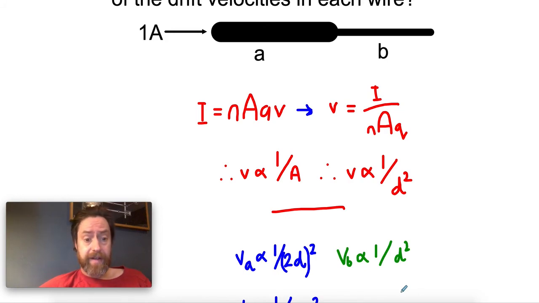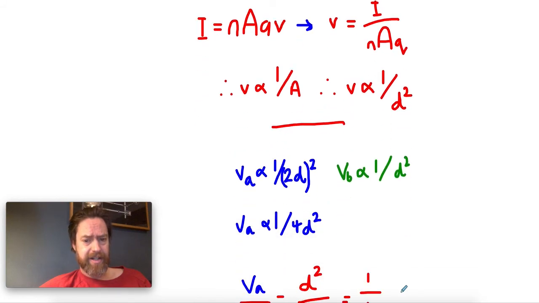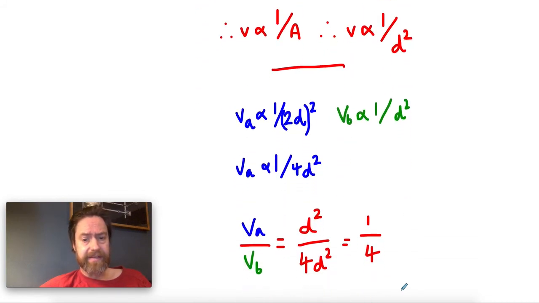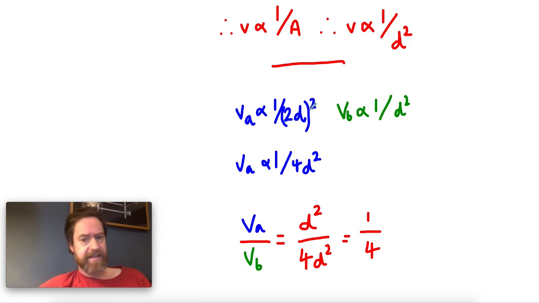Now, if I want to find out what the ratio is between them, I can just divide these two expressions by each other. Oh, sorry, I missed a step. So 2d squared is the same as 4d squared. So I get VA over VB equals d squared over 4d squared. The d squareds cancel and you get a quarter again.